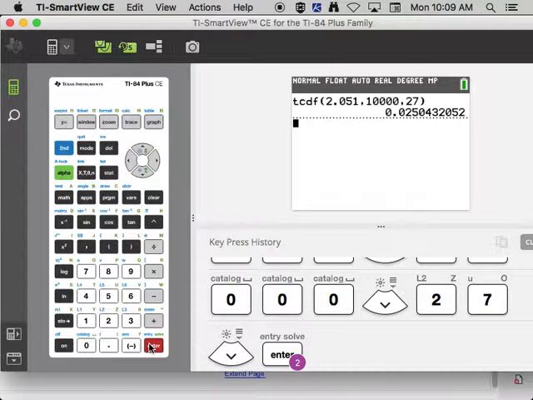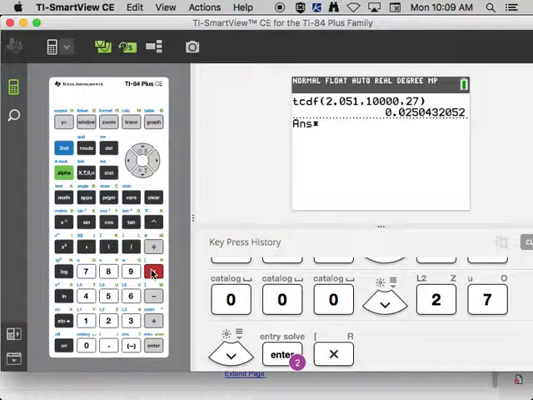Now, I will tell you though, that's not actually our final answer, okay? What's one thing we also have to notice about the alternative? The alternative is not equal to. Isn't this just greater than? Right? How do we handle when it's not equal to? When it's a two-sided test, what do we also have to do? Multiply by 2.